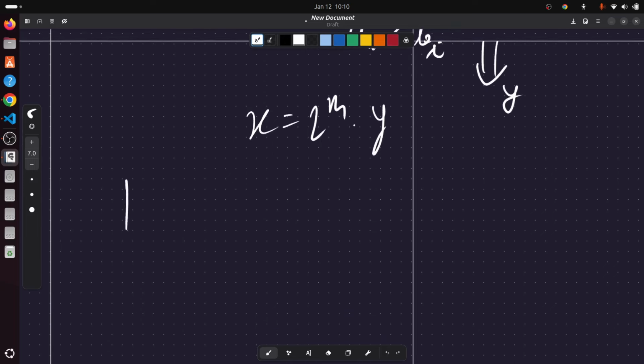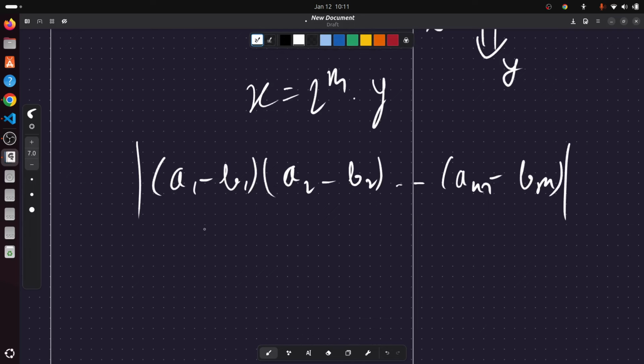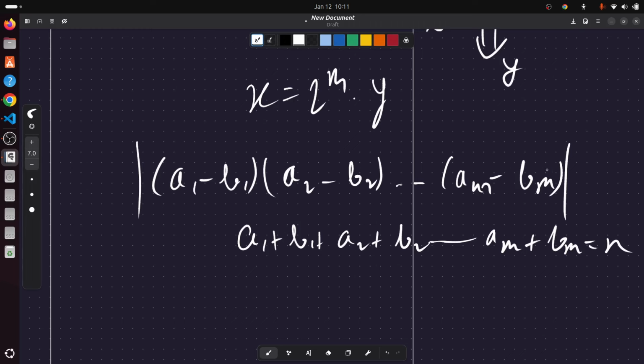The sum that we had was the product of a1 minus b1 into a2 minus b2 up till am minus bm, and the summation a1 plus b1 plus a2 plus b2 up till am plus bm is equal to n, and also ai is less than bi. For these two conditions, I have to find the sum of this product.